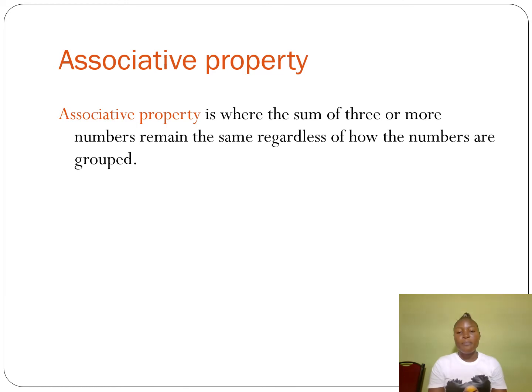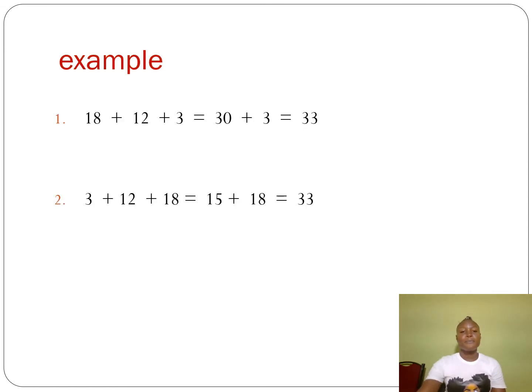Associative property is where the sum of 3 or more numbers remains the same regardless of how the numbers are grouped. Now let's see how truthful this is.